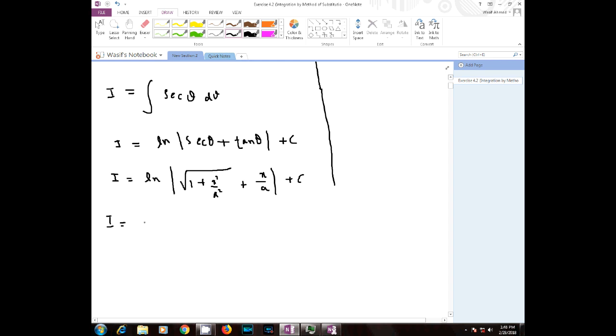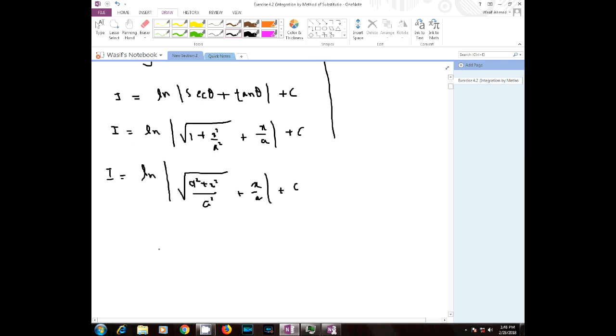and you have I equal to natural log of, simplifying the terms within the square root, you would get a square plus x square divided by a square plus x divided by a plus the constant of integration, which further simplifies to square root a square plus x square plus x divided by a plus a constant of integration.